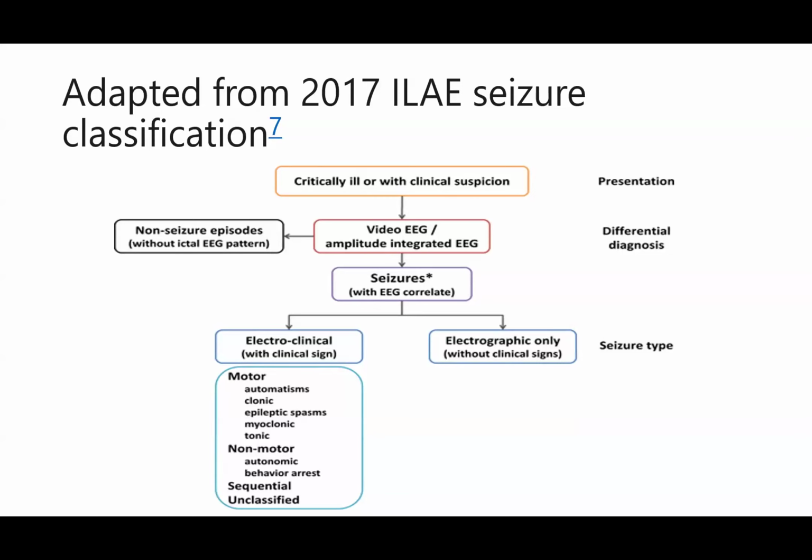Now, out of these seizures, which ones can you definitely say are seizures just by looking, without needing investigation to prove or disprove? Clonic and myoclonic seizures. What about sleep myoclonus? It's a myoclonus, but is it a seizure? No, sir. Clonic, yes, I agree.